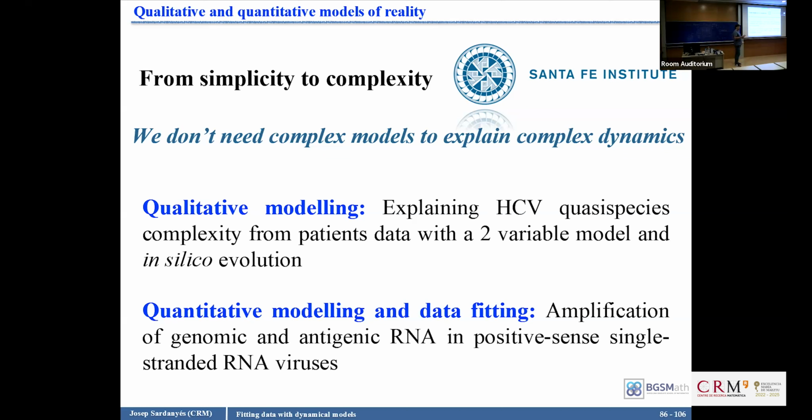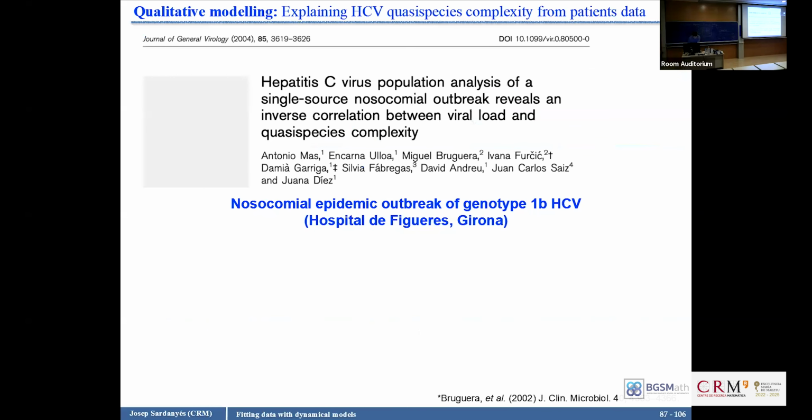They were observing different groups of infected people, and they came to talk to Ricard Soler, and he thought we could explain this phenomenon in the patients with one result of the quasi-species theory. Now I will give you details. The other model, the quantitative one, we will see in the next class.